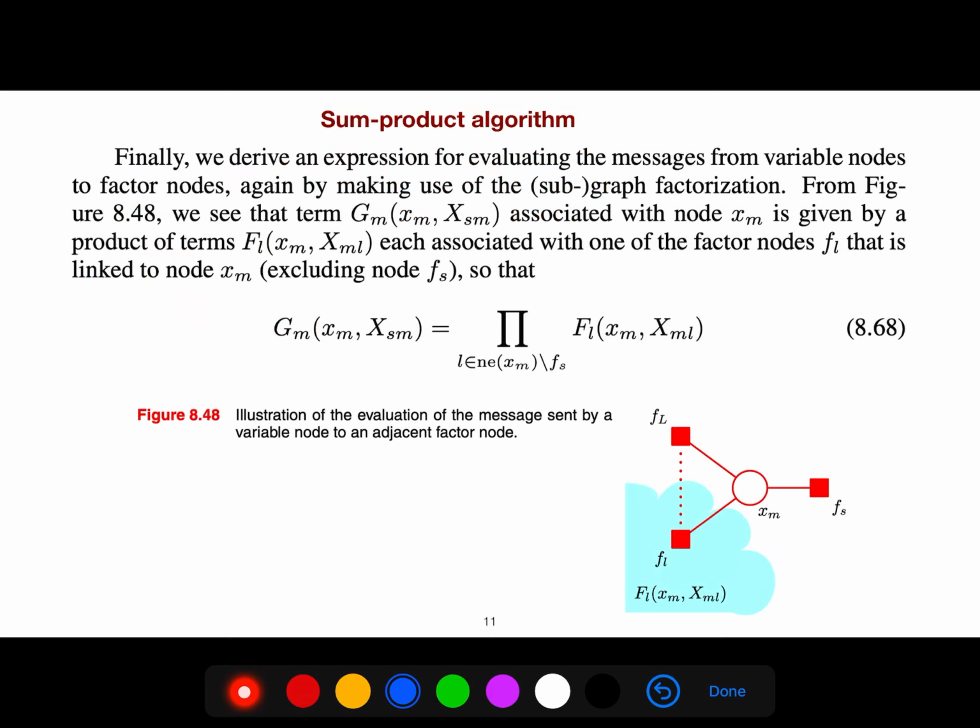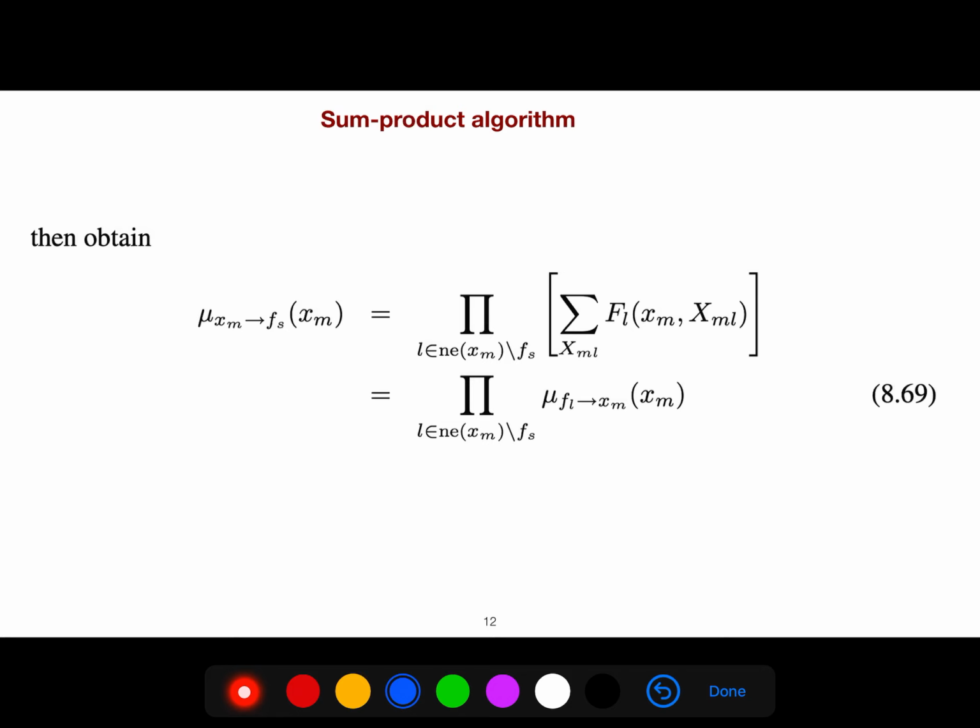And finally, we derive an expression for evaluating the messages from variable nodes to factor nodes, again by making use of subgraph factorization. And if you combine them, you will see that it's just a multiplication of those messages.